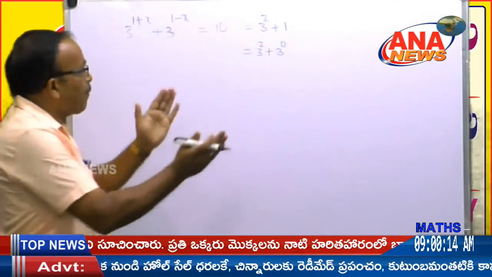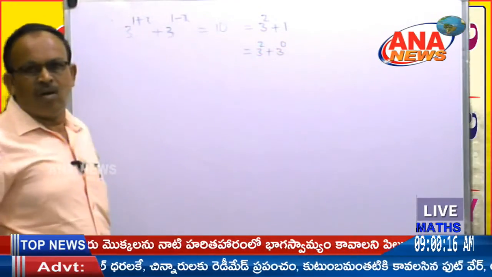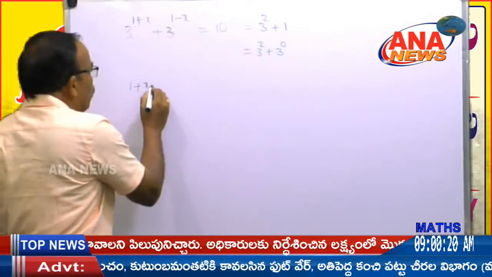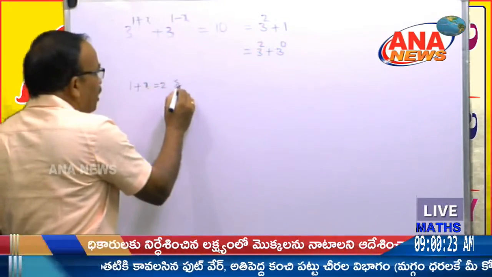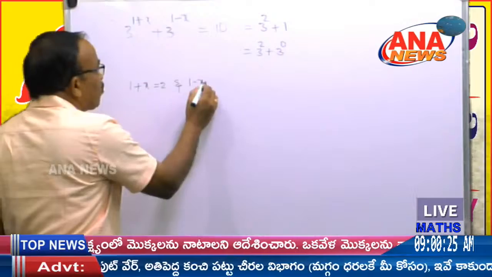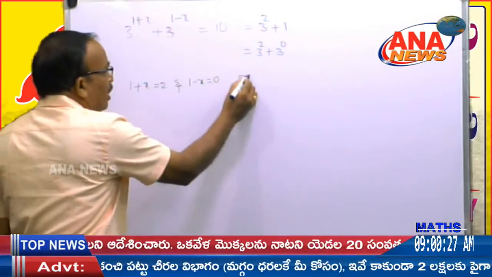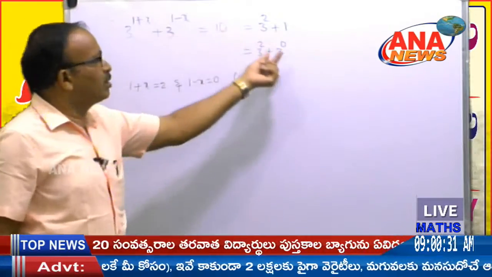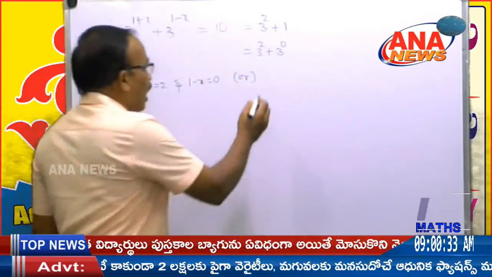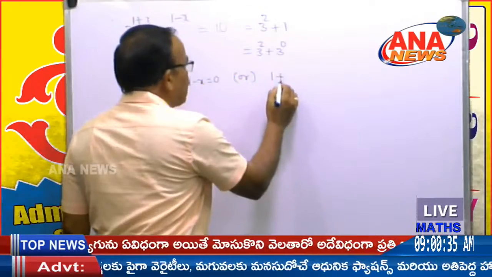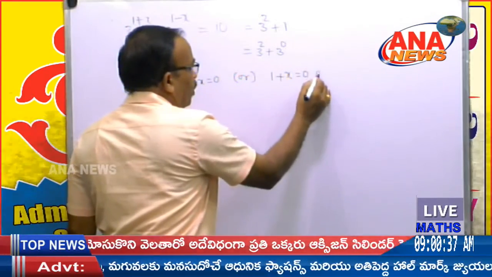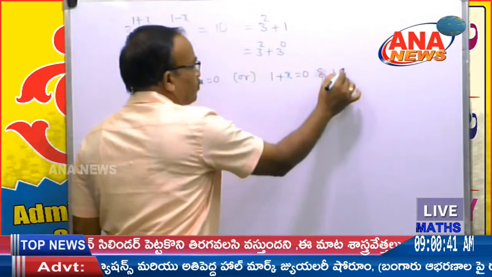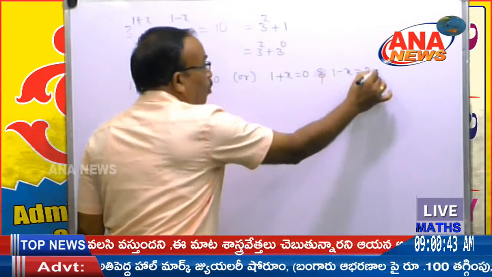So when we compare the powers, here 1 plus x is equal to 2 and 1 minus x is equal to 0. Otherwise, compare the first one to the first one, second one to the second one: 1 plus x is equal to 0 and 1 minus x is equal to 2.